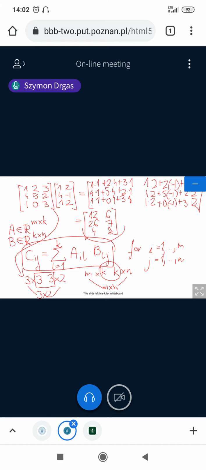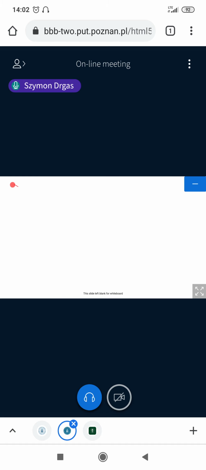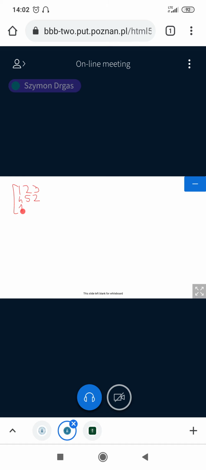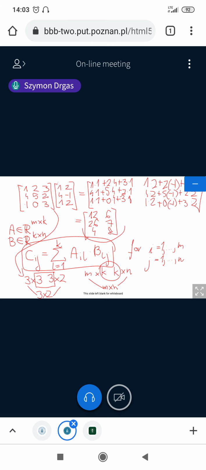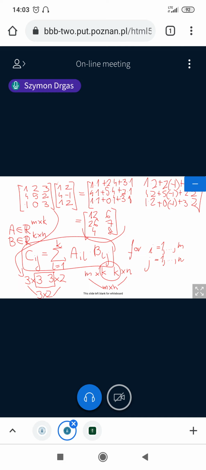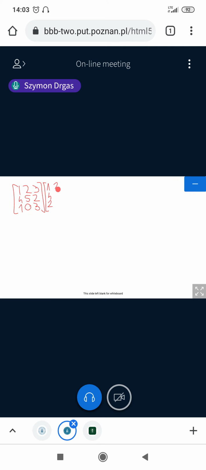It is 1, 2, 3, 4, 5, 2, then we have 1, 0, 3. It is multiplied by 1, 4, 1, and 2, negative 1, 2.